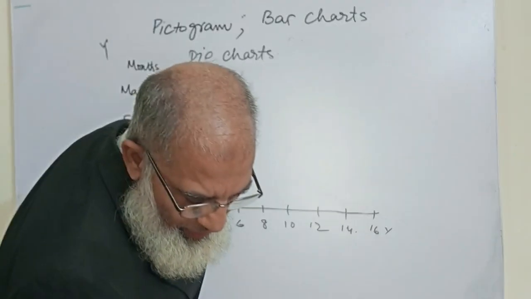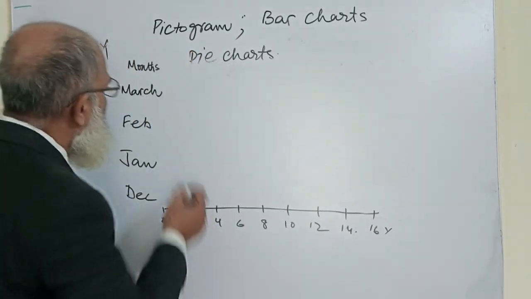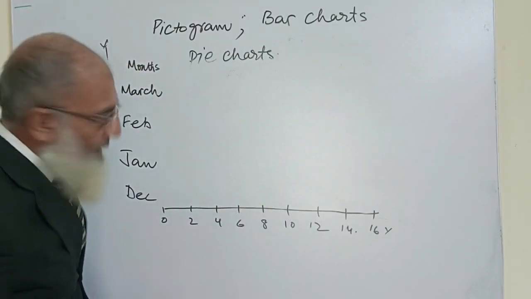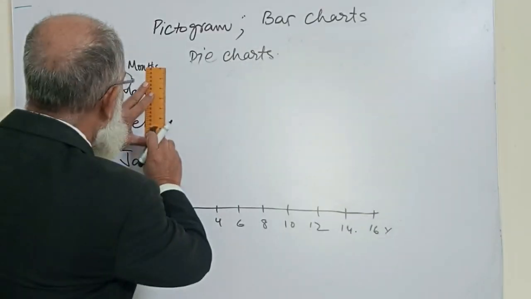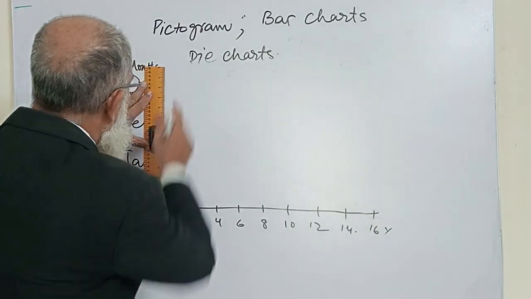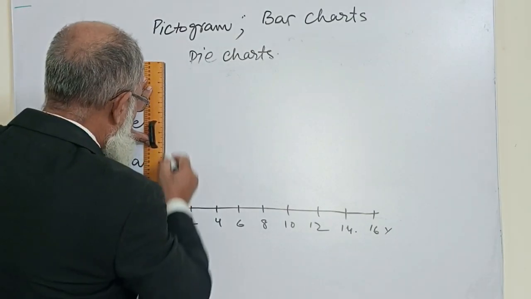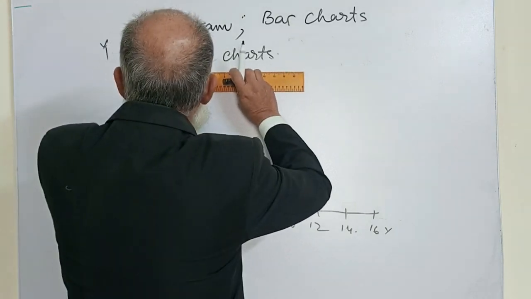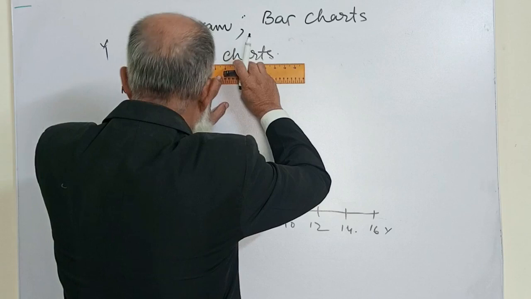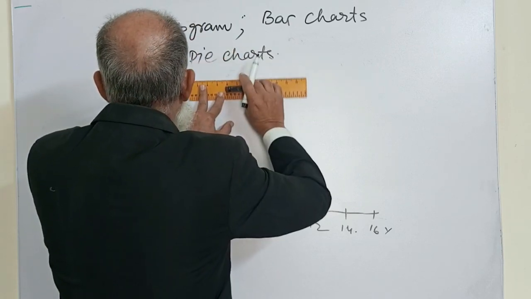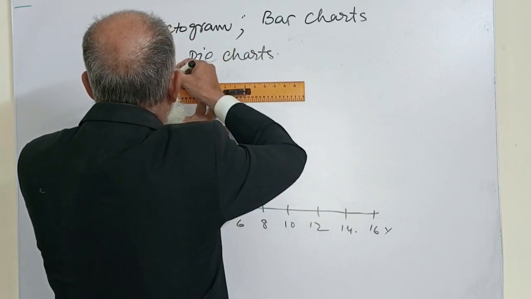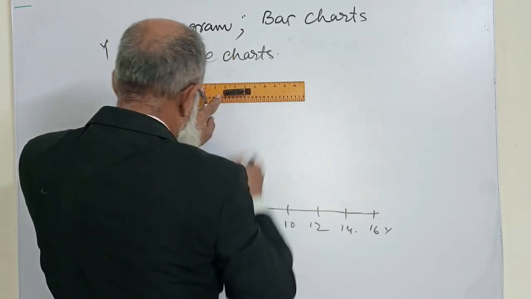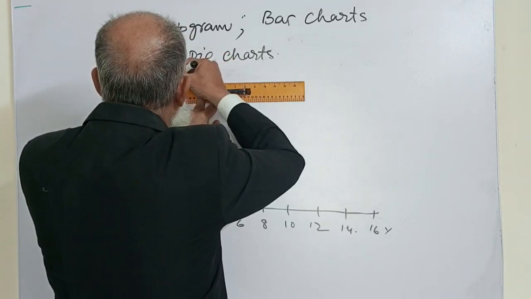Now in March, there are 3 days of raining. I have to draw it. Now how many days of rain? 3 days of rain in March. Now this is March, so we have to take it up to 3.